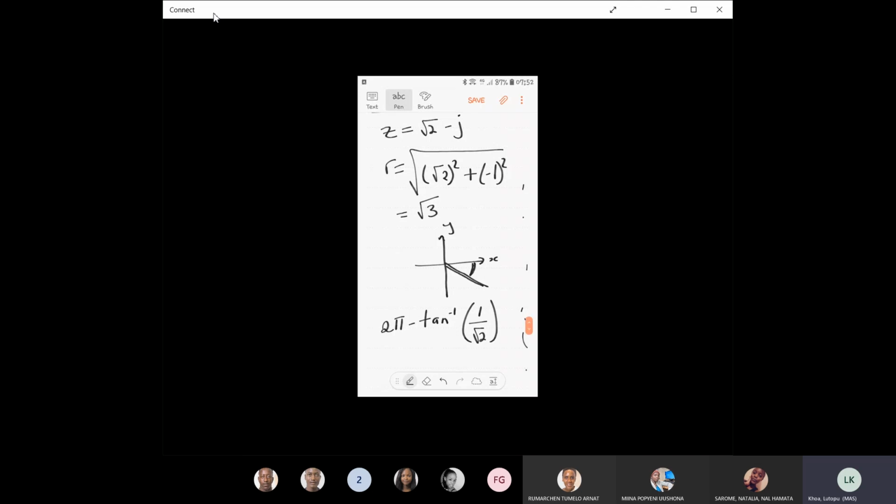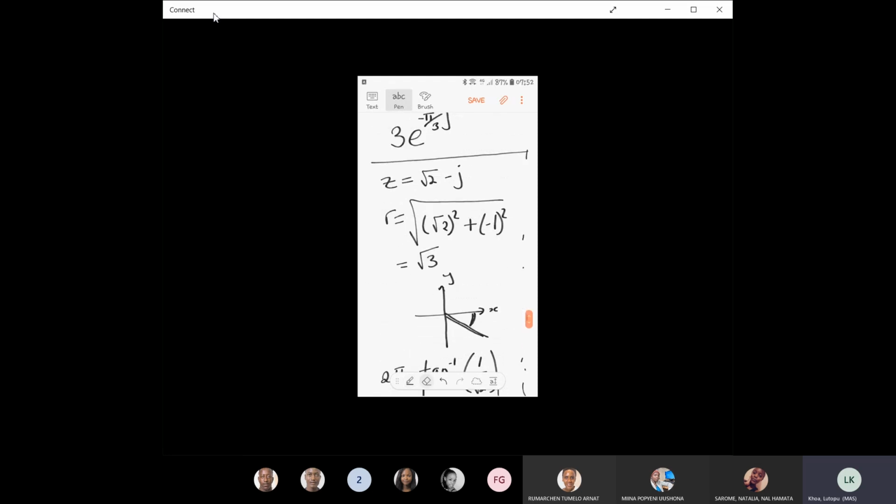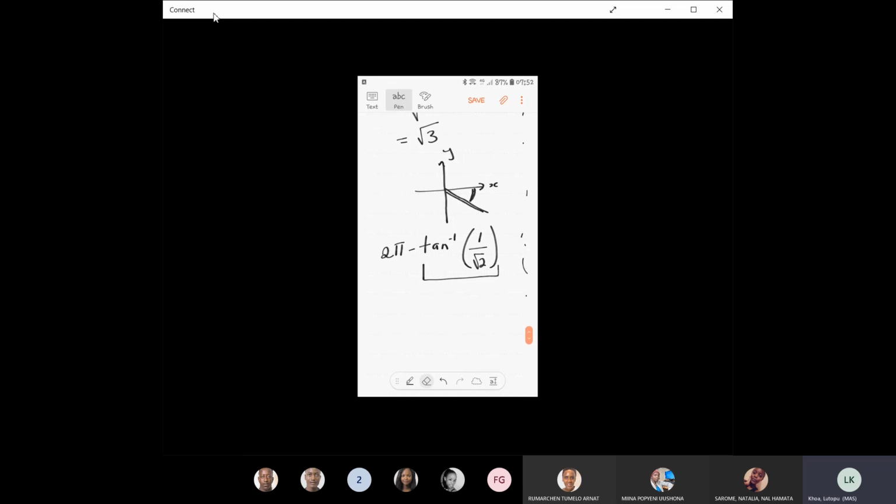Here the 1 is positive and this one is positive because this part is me working out the reference angle. After I have my reference angle, because it is in quadrant 4, I must subtract it from 2 pi. So put your calculator into radians, and then you work it out. That is tan inverse of 1 over square root of 2.